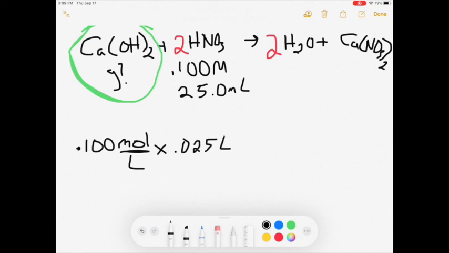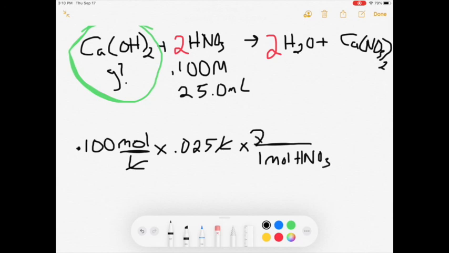So liters cancel. But I want to go to the mole ratio. Now I have moles of my acid, and now I can get moles of my base. So it's going to be a 1 to 2. So 1 mole of my acid to 2 moles of my base.